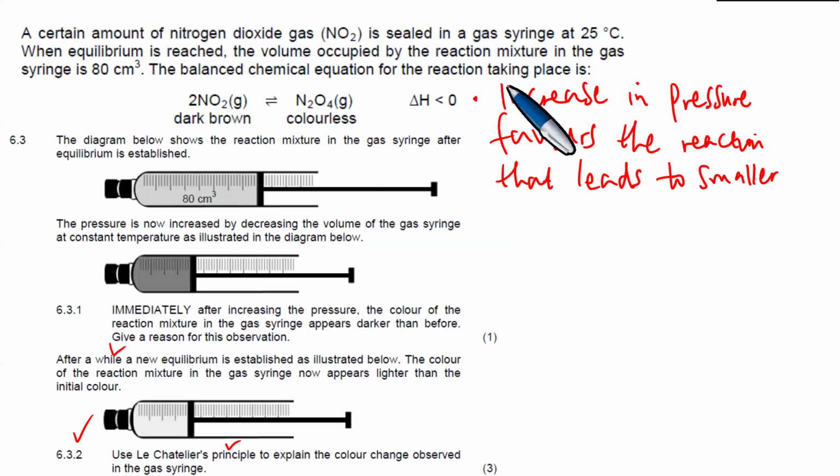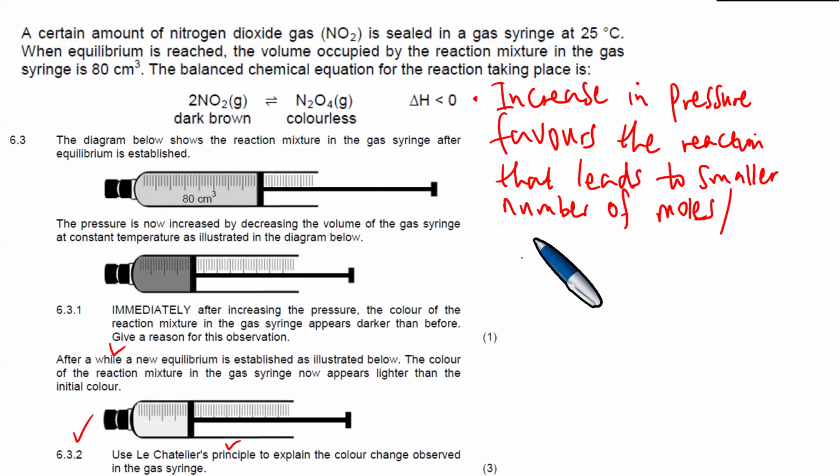You look at the mole ratios. Increase in pressure favors the reaction that leads to a smaller number of moles, or volume of gas. What is the meaning of this?